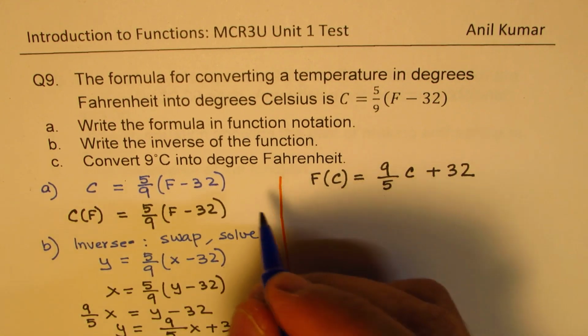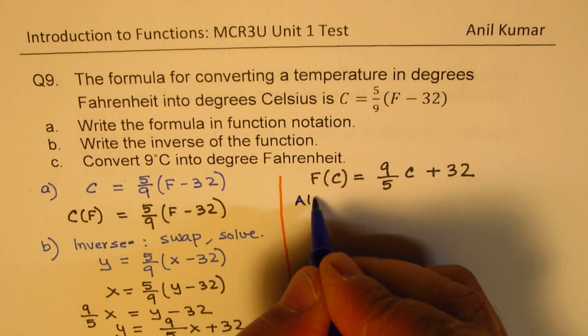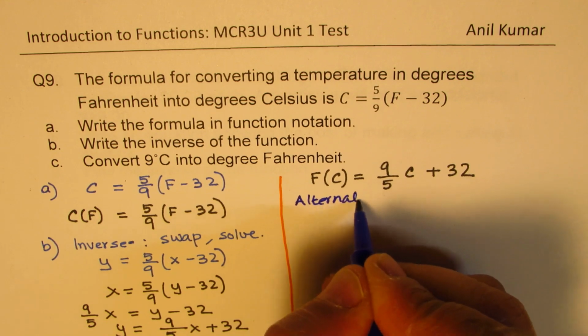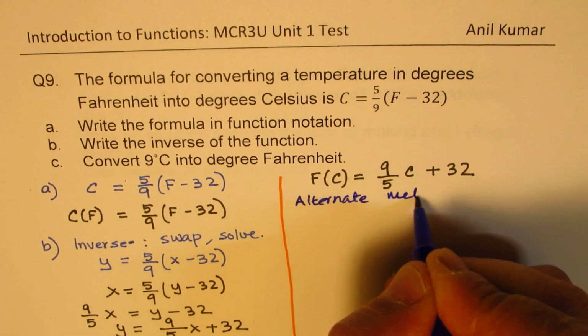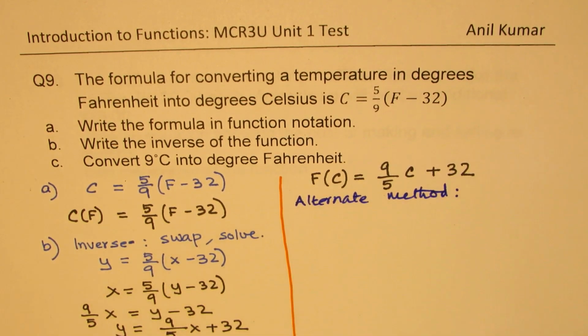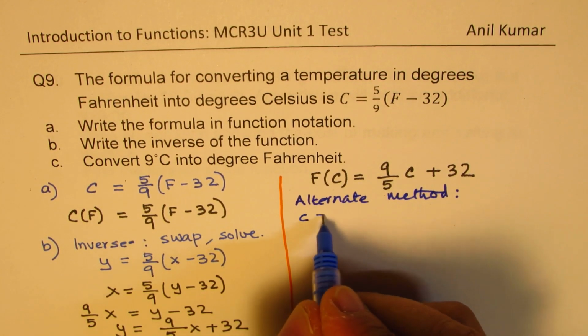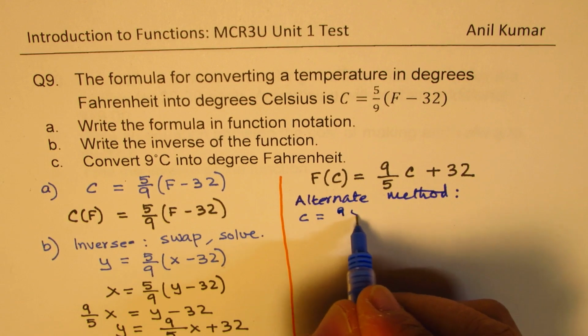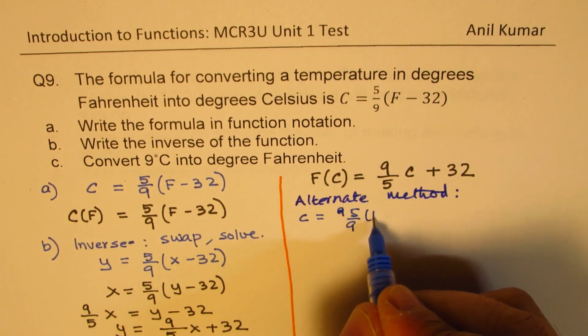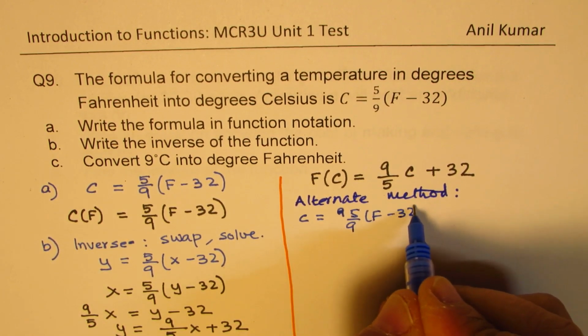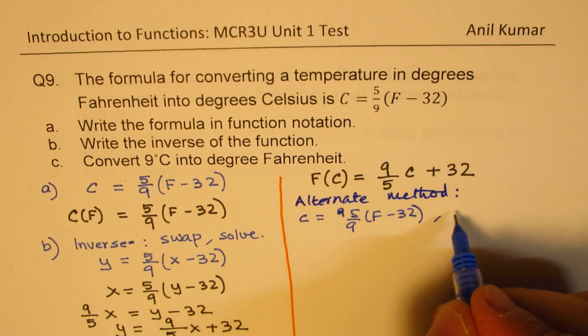Now let me also talk about an alternate method. To get the inverse, we are given C equals 5 over 9 (F minus 32).